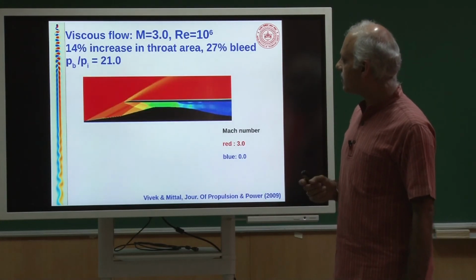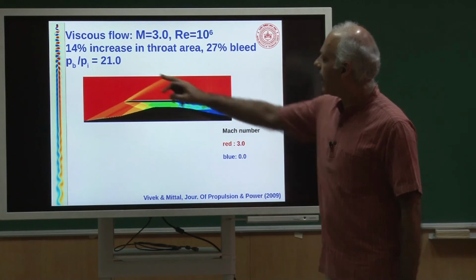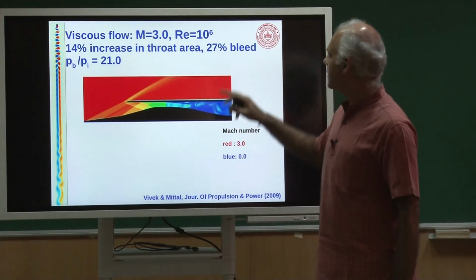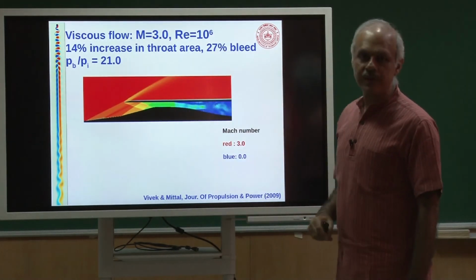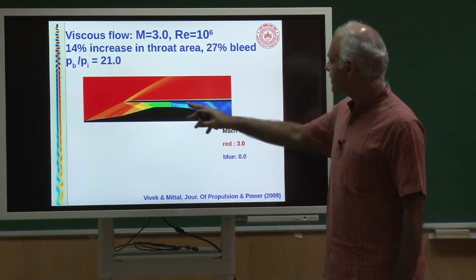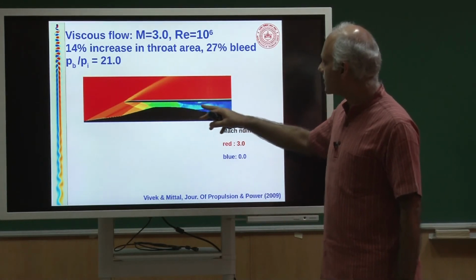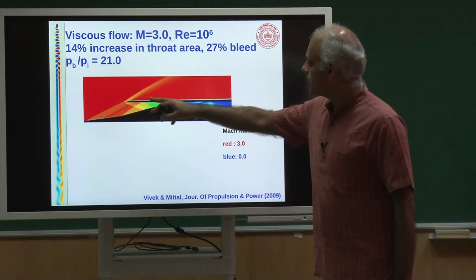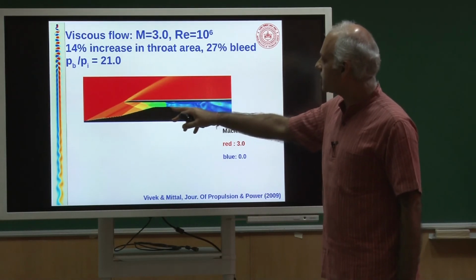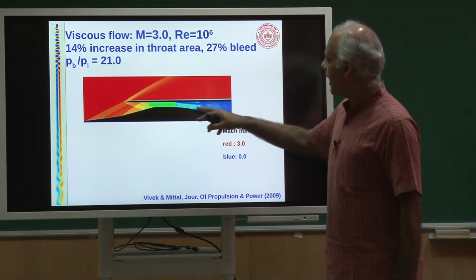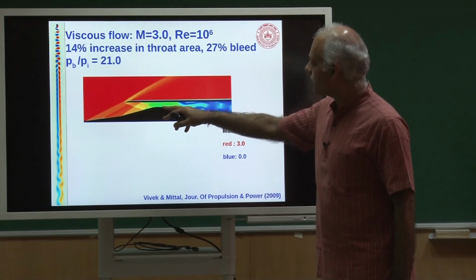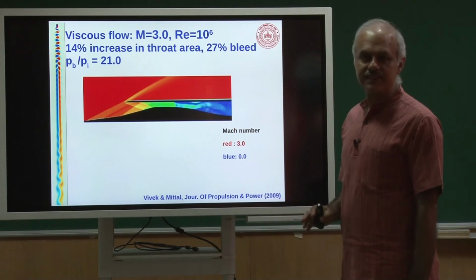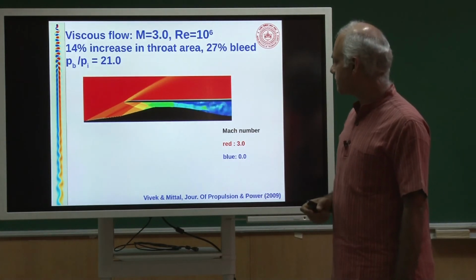So, here is an interesting case where the back pressure ratio is 21, but the bleed is very high, about 27%, and you can see that there are these normal shocks that are going back and forth. So, the flow is quite stable upstream of the throat, and the shock just about approaches the throat. So, this is fine, this is a stable operation.